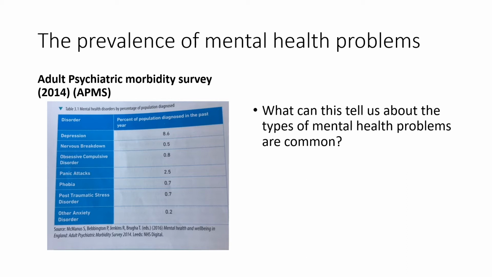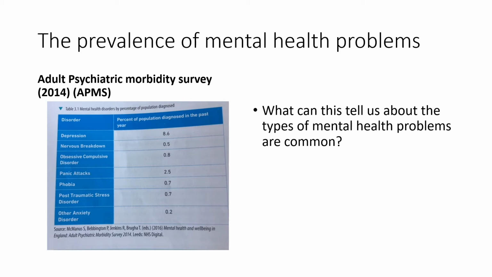We've also got post-traumatic stress disorder, which is also low compared to depression and panic attacks. And again, that is something very specific. We see a lot of soldiers and a lot of emergency workers who would develop post-traumatic stress, as well as people who have been through other traumatic experiences like abusive relationships or very difficult social situations.